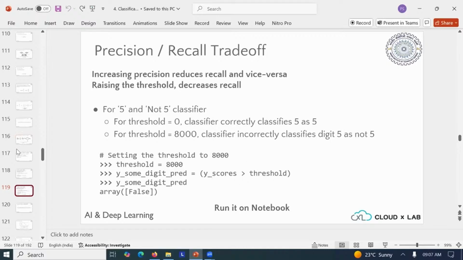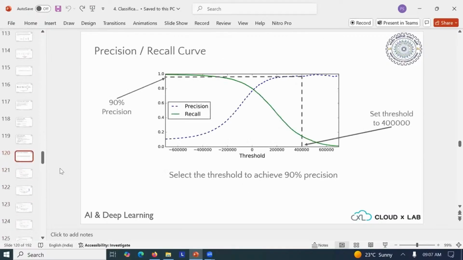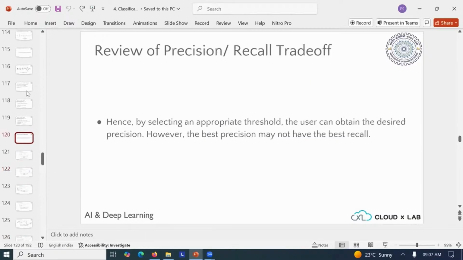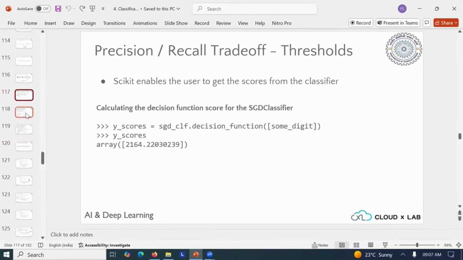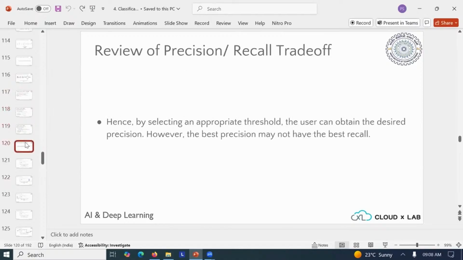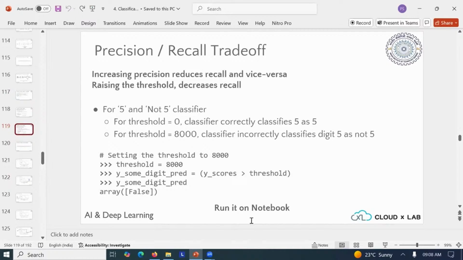So in this case, some 5 classes we are skipping, we are not able to detect them, because some 5 classes will be considered as not 5.